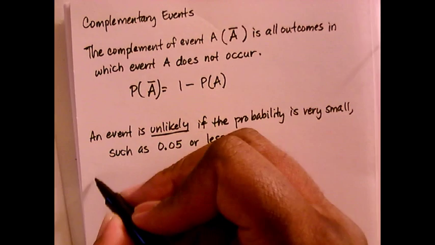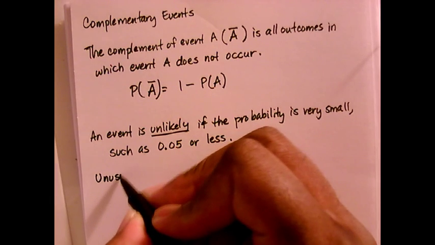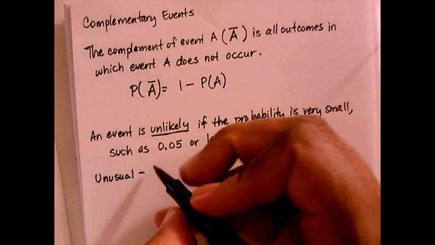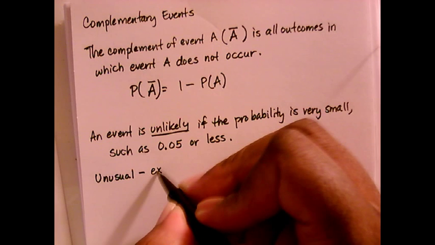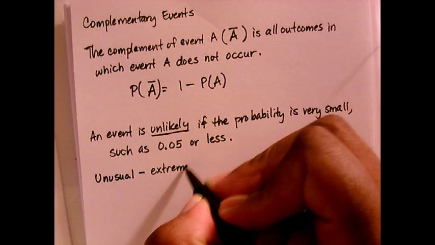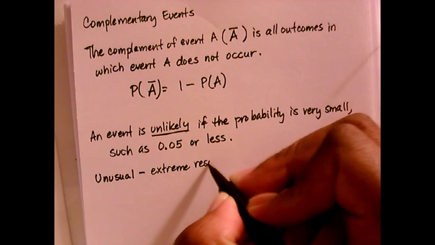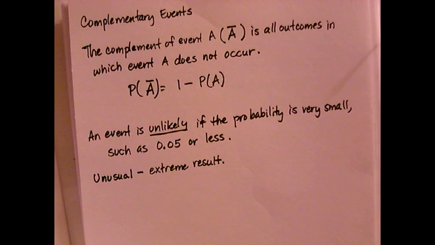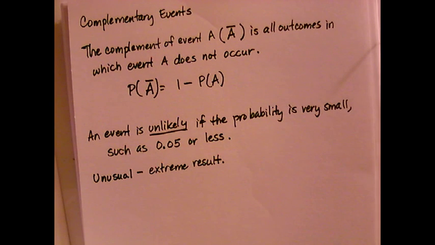So anything unusual would have an extreme result. Usually 0.05 or less, something very, very small, or the outcomes have to be either unusually low or unusually high.